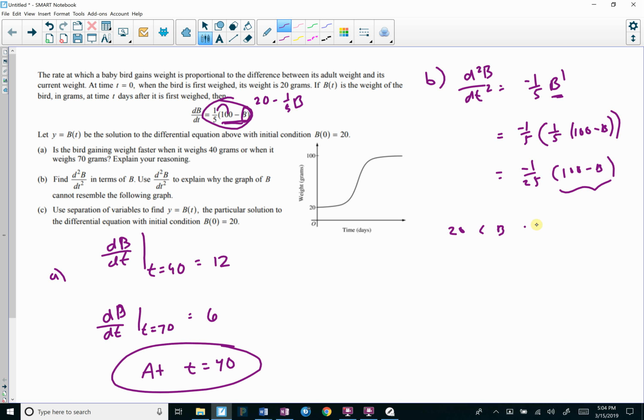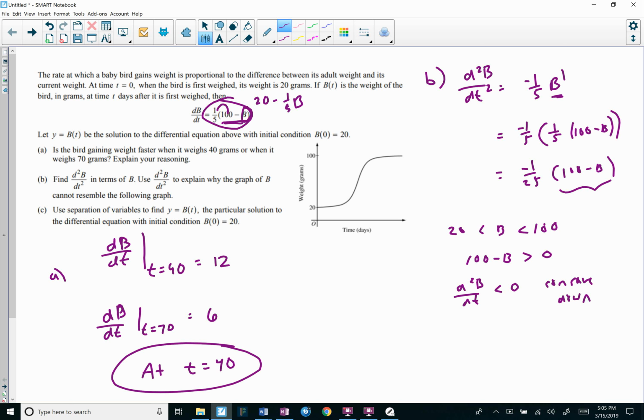So if b is in between 20 and 100, then that 100 minus b is going to be a positive number, which means my second derivative, a positive times a negative, is going to be negative, and that would always be concave down.